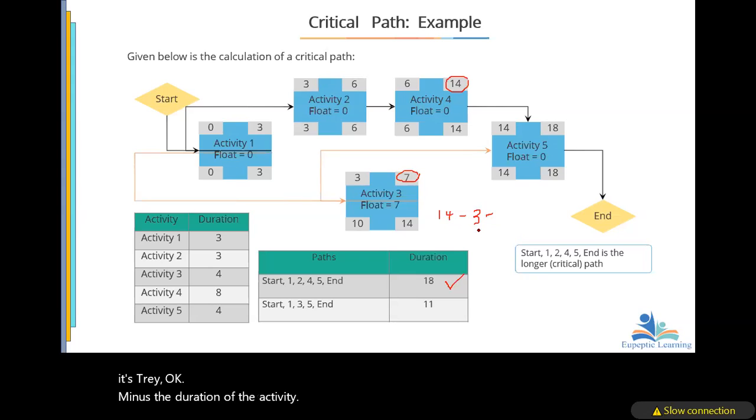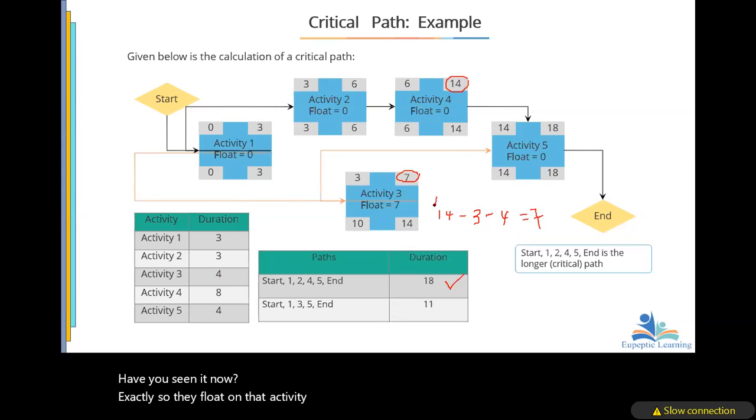Activity 3 is how many days? 4 days. This is 7. Have you seen it now? Exactly. So the float on that activity is 7.